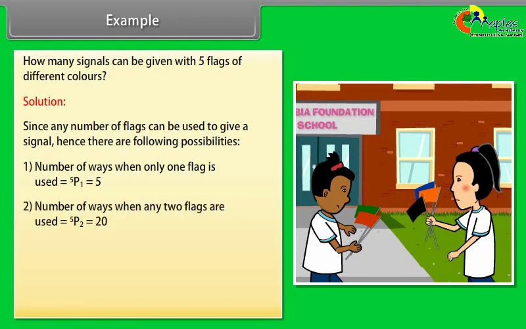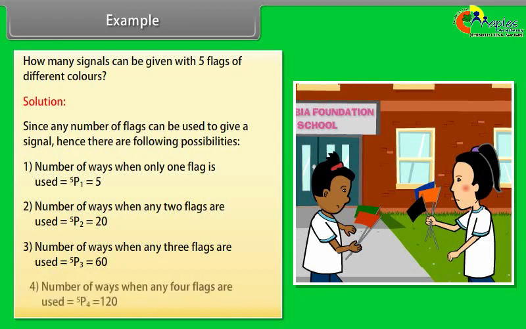Number of ways when any 2 flags are used is equal to 5P2 is equal to 20. 3. Number of ways when any 3 flags are used is equal to 5P3 is equal to 60.